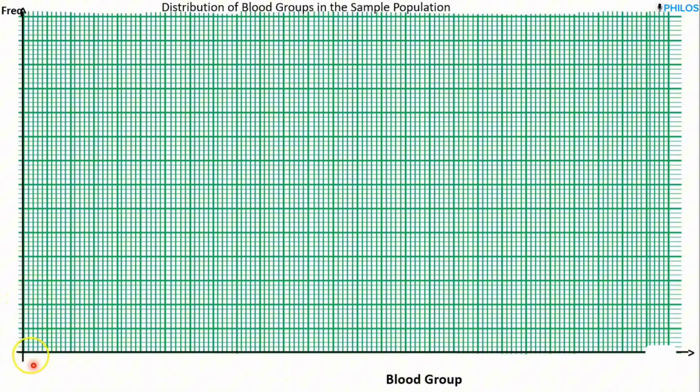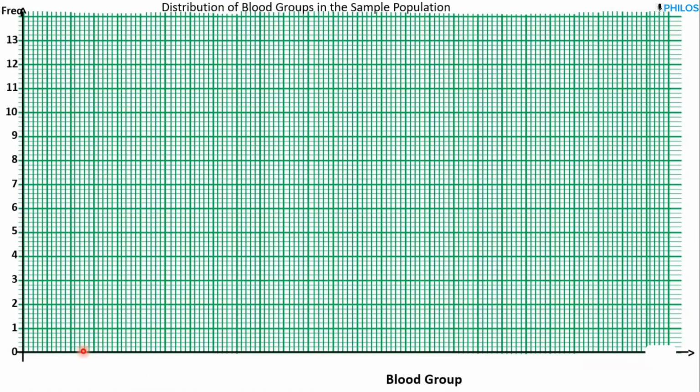Okay. So I'll label the intersection here, the intersection of x and y axis. I'll call that place 0. So this place will be 1, 2, 3, 4, 5, 6, 7, 8, 9, 10, 11, 12, 13.